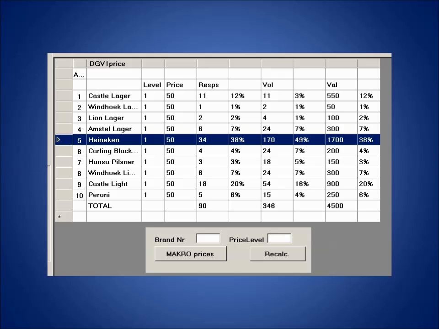So things would be very nice for Heineken if everybody else kept to parity pricing. By the way, the value represented would be 1,700 Rand or 170 packs, which at 34 Rand for 34 respondents will be just over 5 packs.